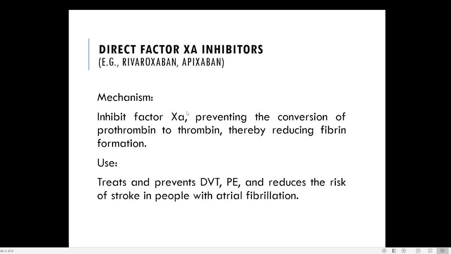Then the third type of anticoagulant is direct factor Xa inhibitors. An example is rivaroxaban and apixaban. They inhibit factor 10a, which is Stuart factor, preventing the conversion of prothrombin to thrombin, thereby reducing fibrin formation. These direct factor Xa inhibitors are mainly used for treating deep vein thrombosis and PE.